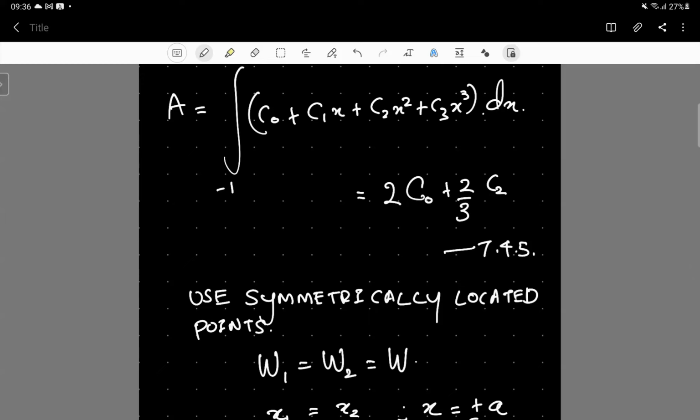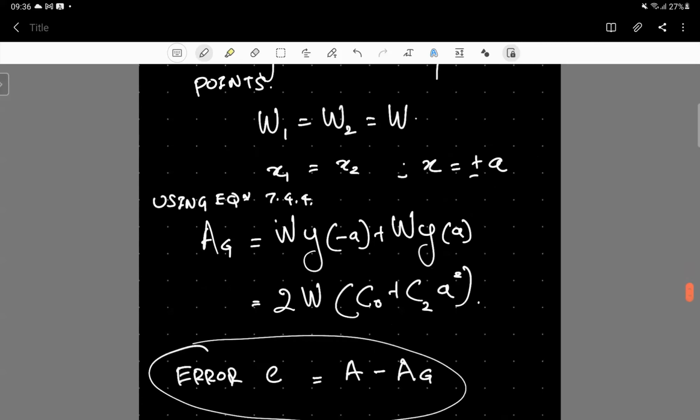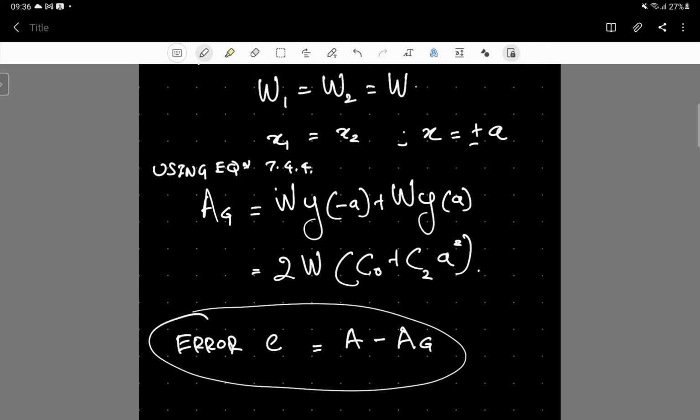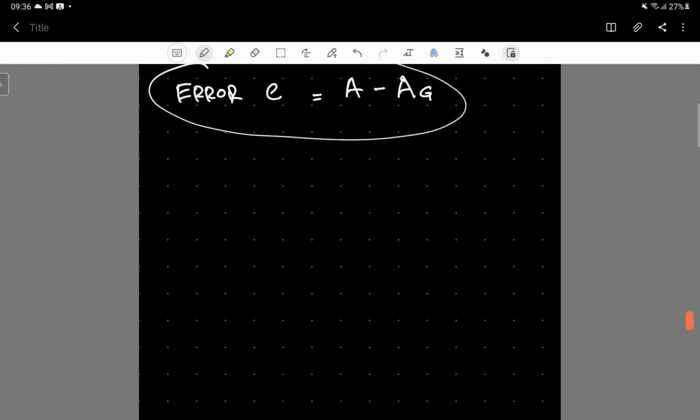This is the whole intention of performing this integral. Since the error is a function of C0 and C2, we would like to obtain the weights and values so that the error is minimum. The condition which has to be satisfied is that the partial derivative with respect to C0 should be equal to 0.